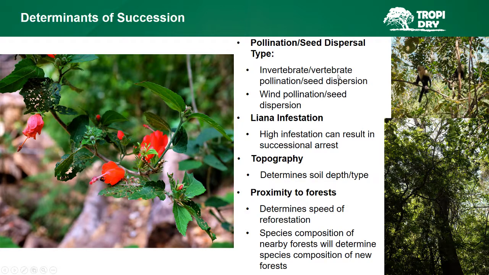The other type of seed dispersal or pollination type is wind pollination and seed dispersal, which is probably the older life history trait in plants, especially when they first colonized land. This was how it was predominantly done before vertebrates were very populous in these ecosystems.